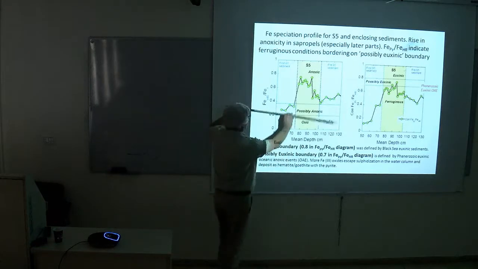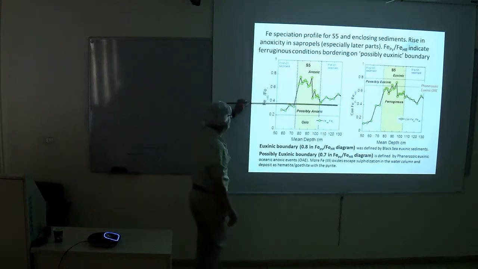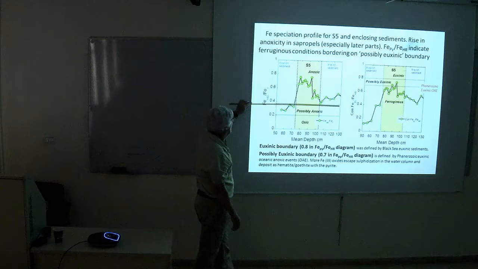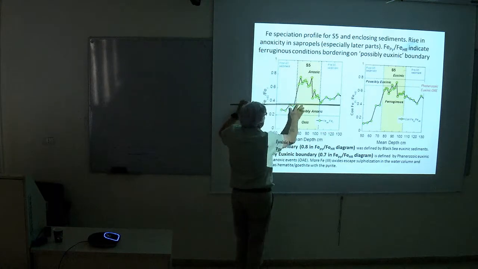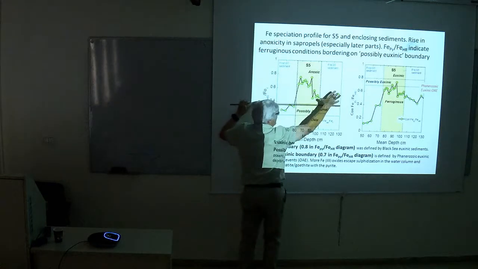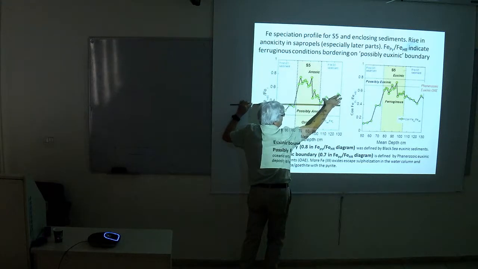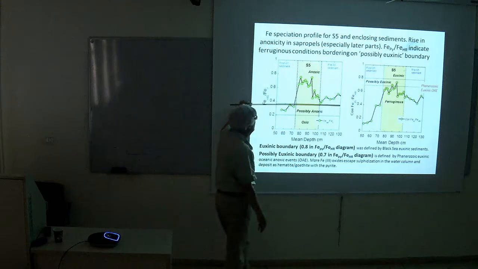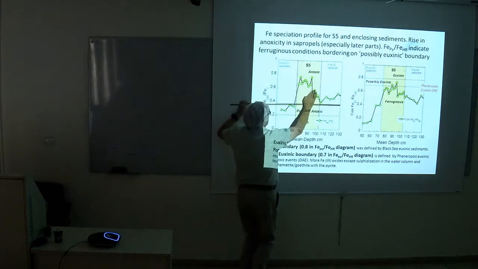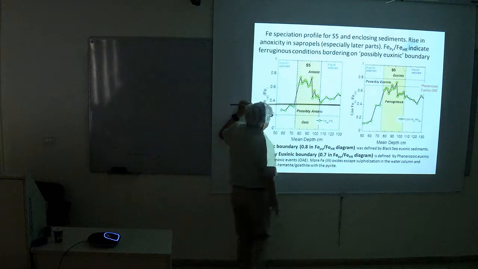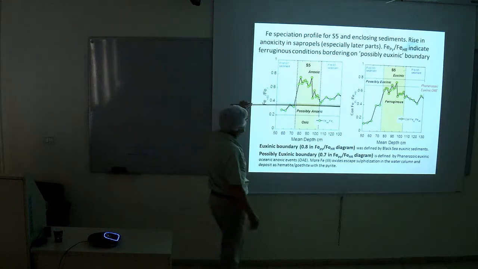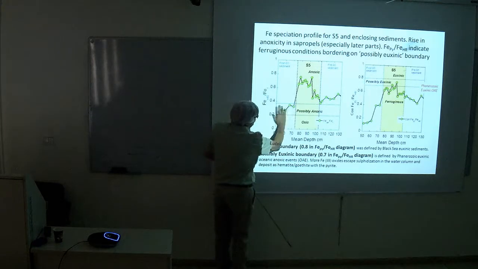And this boundary here, as we saw before from the previous diagram, of about FeHR over Fe total of about 0.4, defines whether conditions are anoxic. So sure enough, S5 is anoxic. The waters even in the sediments preceding S5 are anoxic. There's a rise, but the major thing is this rise in anoxicity shown by this proxy in sapropel. Then it drops off into what could be anoxic.